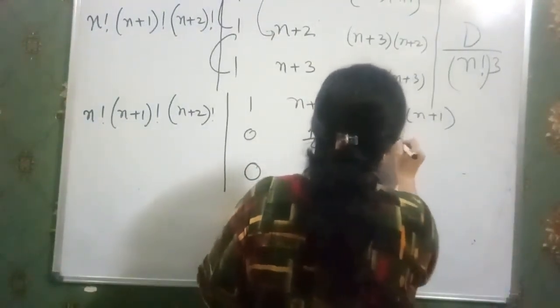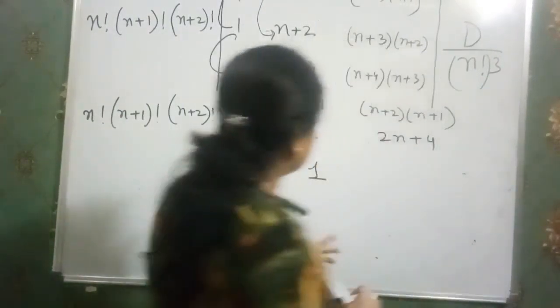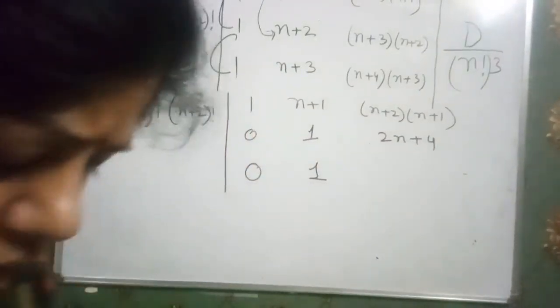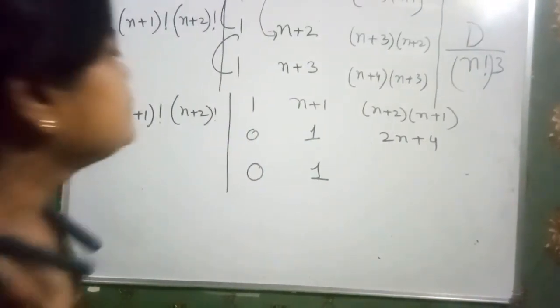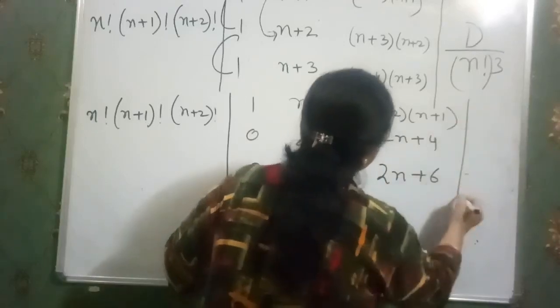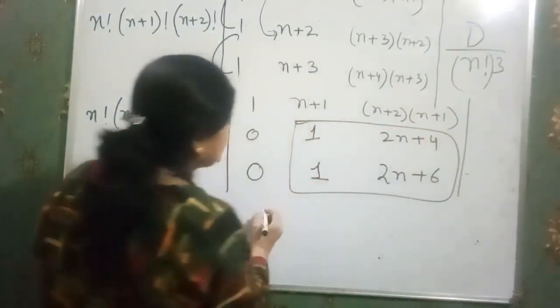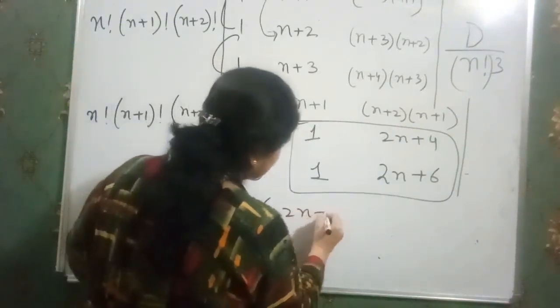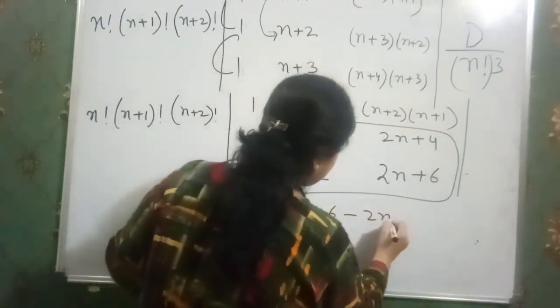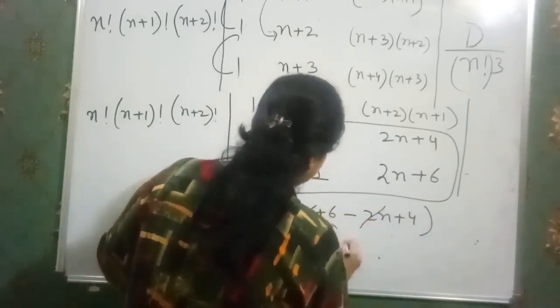Similarly here also, just solve it, and we get the value 2n plus 6. Okay. Now just solve this one, and we have 2n plus 6 minus 2n plus 4. It gets cancelled. We are left with 2.